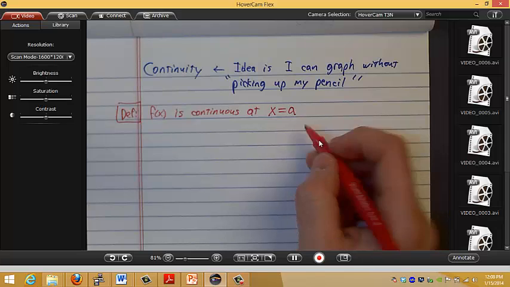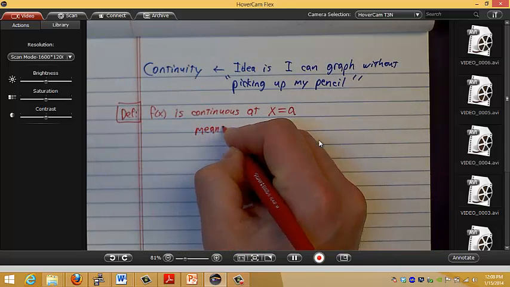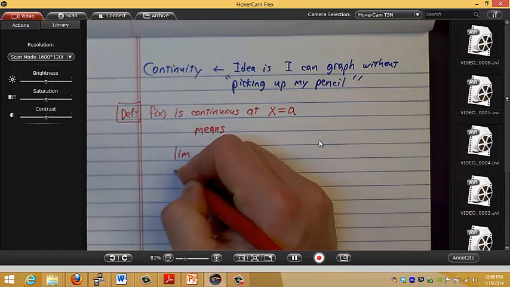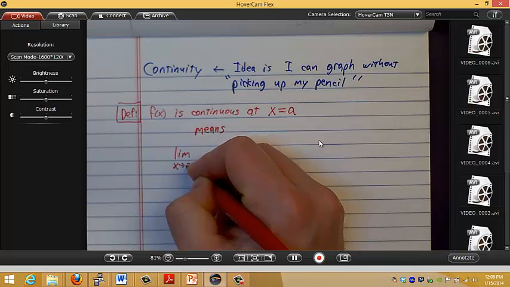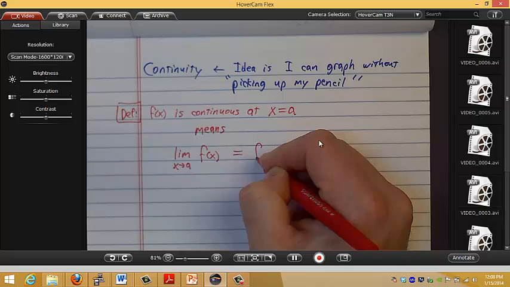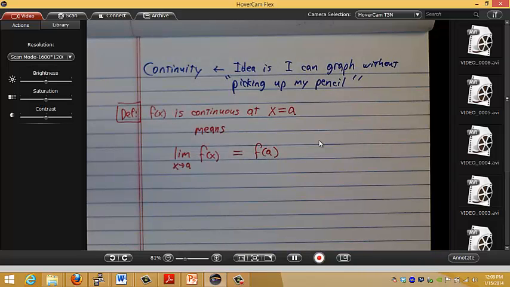If I say that, this means that the limit as x approaches a of f of x equals f of a. That's my definition.